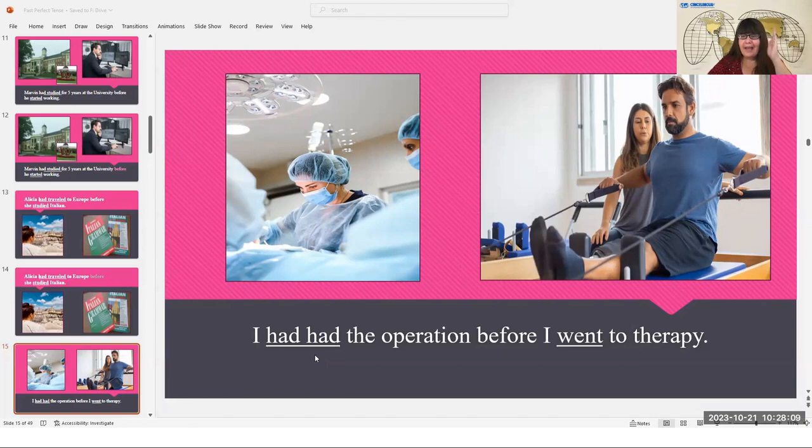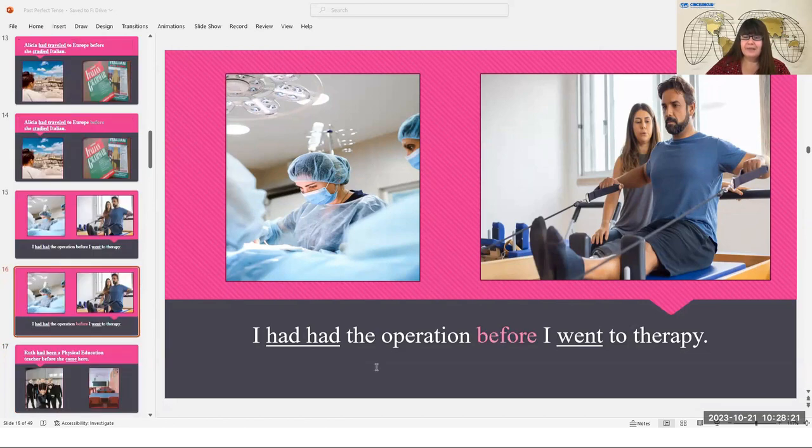So we always use had, and then the past participle, have, had. So it's had. I had the operation before I went to therapy. And again, the operation happened first, it finished, and then the next action was that I went to therapy.